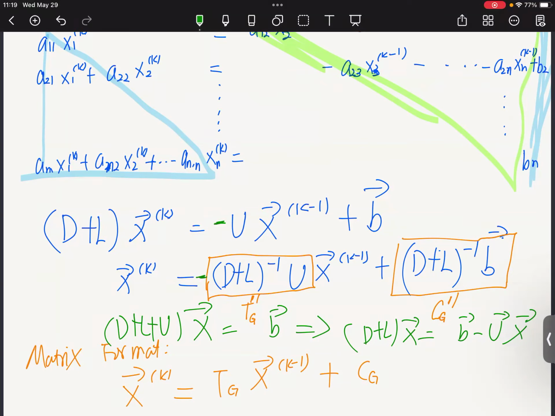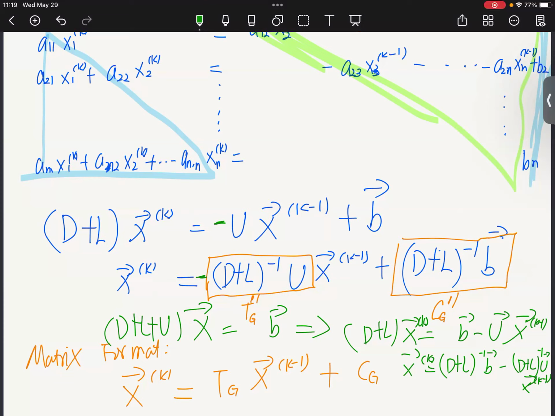We let the left-hand side be the k plus 1 iteration, and the right-hand side be the k, or k minus 1, iteration. So on both sides we multiply by the inverse, and we get x_k equals (D plus L) inverse b, minus (D plus L) inverse U x_(k minus 1). This is one method to get the matrix format for the Gauss-Seidel method.